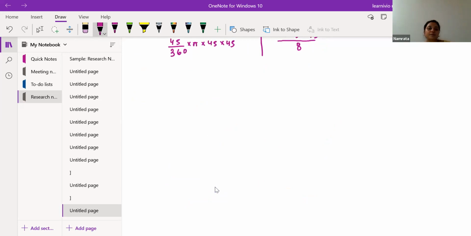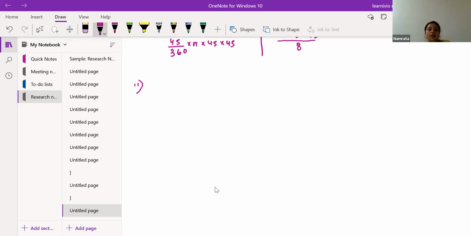Number 11. Number 11 says a car has two wipers which do not overlap. Each wiper has a blade of length 25 centimeters, sweeping through an angle of 115 degree.